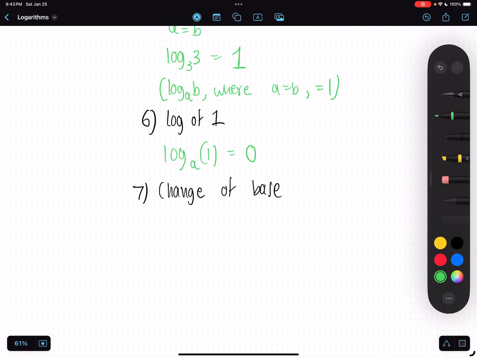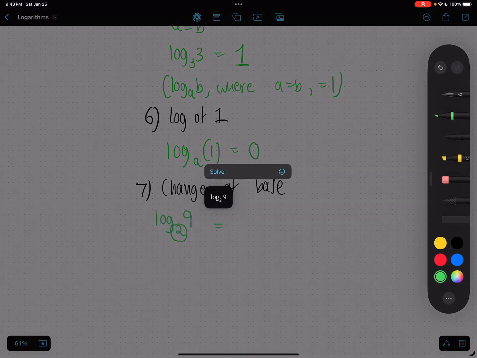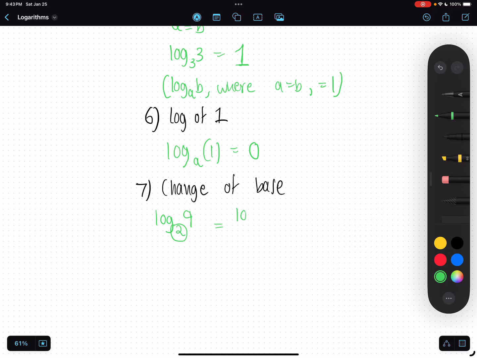If you have, let's say, log 2 of 9, but you don't want the base to be 2, you want it to be, let's say, 3. What you can do is write down log base 3 upon log base 3, which is the base that you want now, and simply write 9 upon 2. So now you have log 3 9 upon log 3 2.